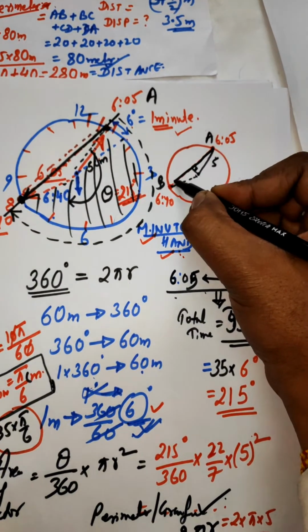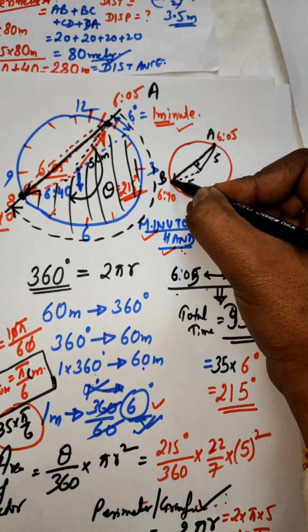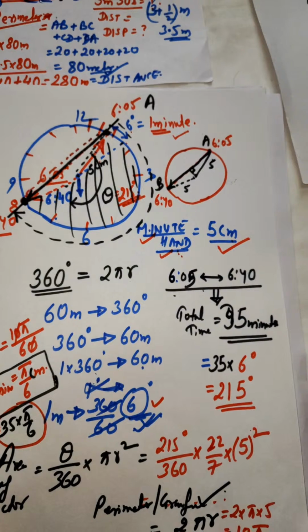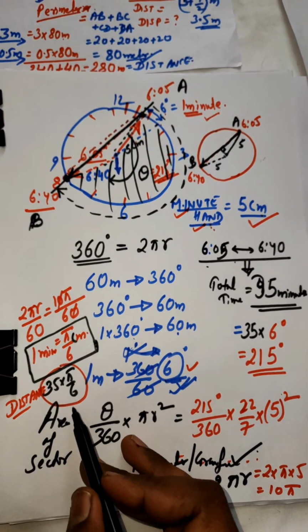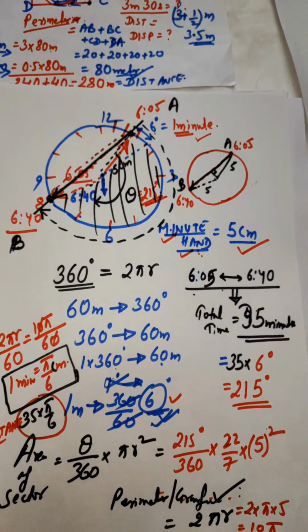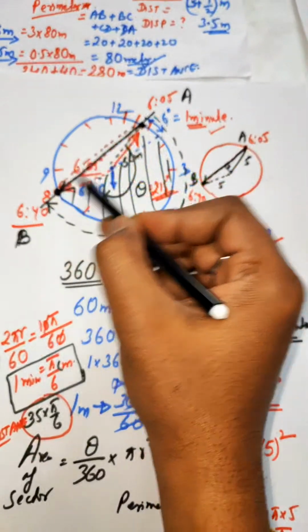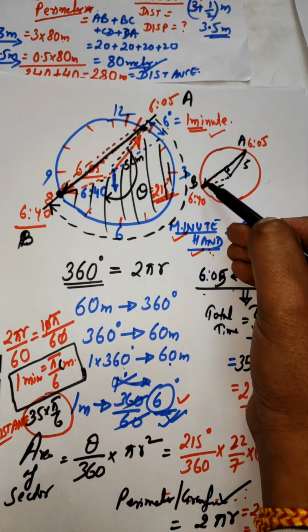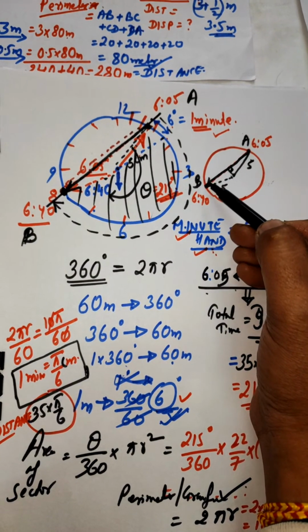Otherwise, you can show that this is the displacement A to B. Now how will we find it? We have calculated the distance, that is 35 pi by 6, but what is the displacement? This we need to find, right? So displacement is the length of this chord AB. How will we calculate this length of chord AB?